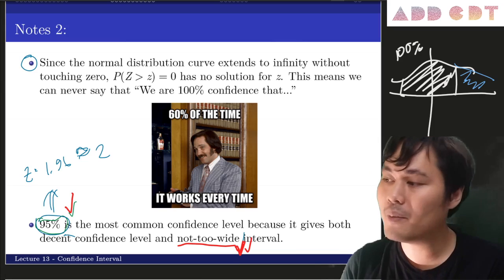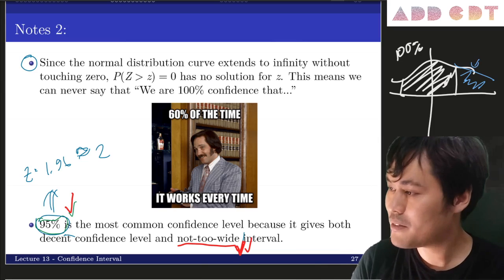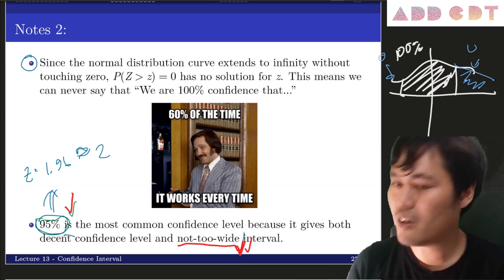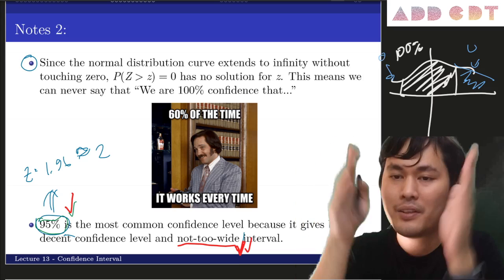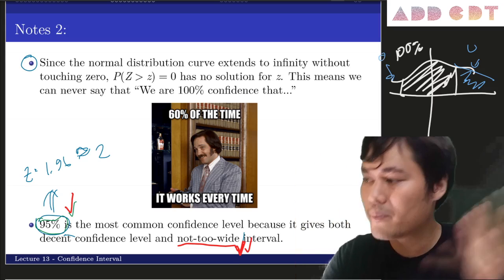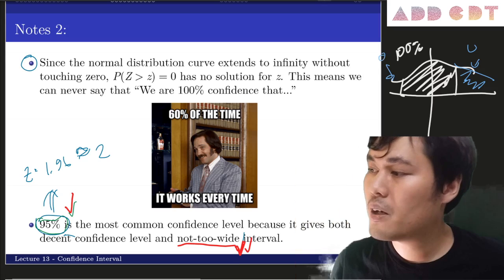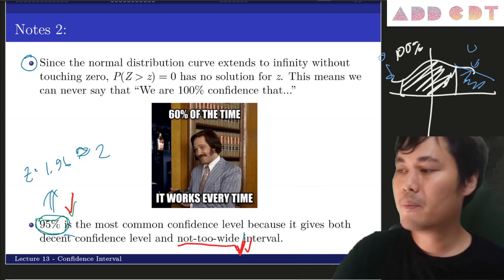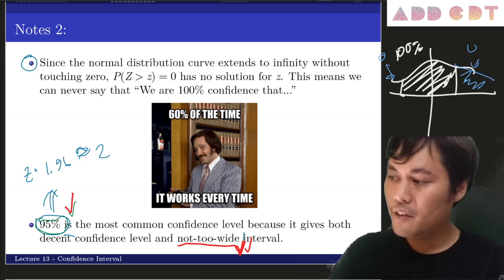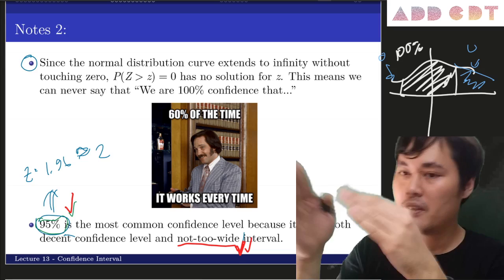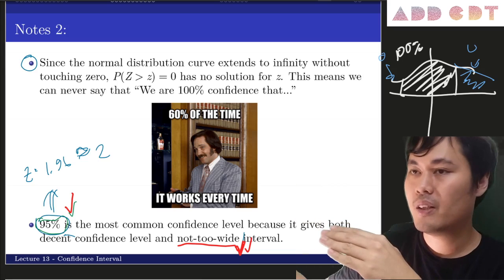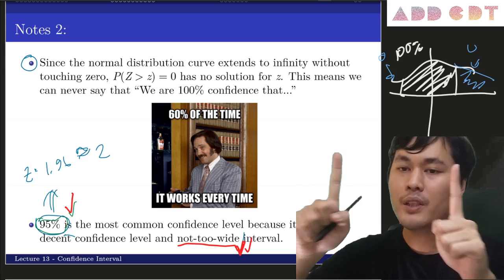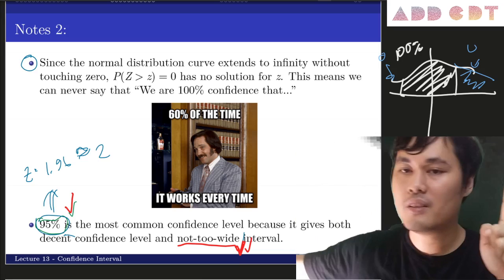But if everything is here, then nothing is on both ends. Since this curve continues to infinity on both sides, if we want the tail area to be 0, then we have to increase both points to infinity and minus infinity.